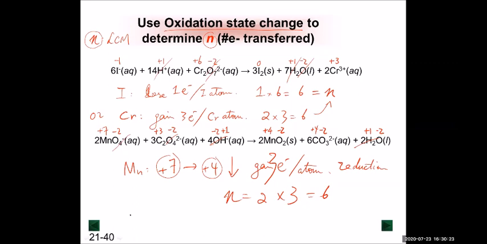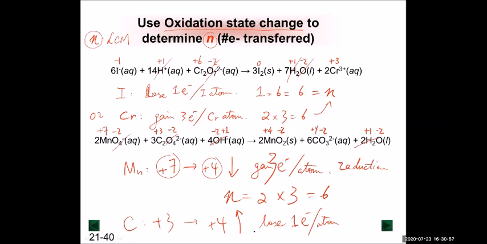You can see the carbon oxidation number starts from +3 and becomes +4. So the carbon oxidation state increased by 1, which means it loses 1 electron per atom.